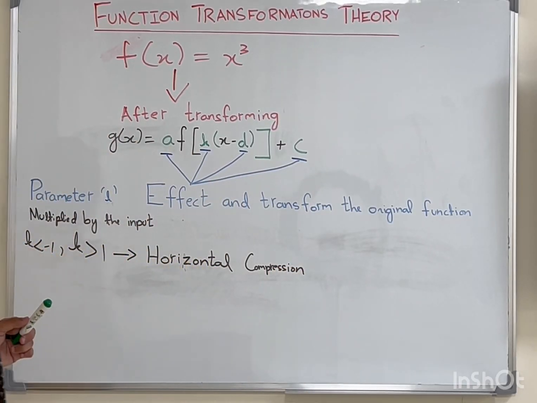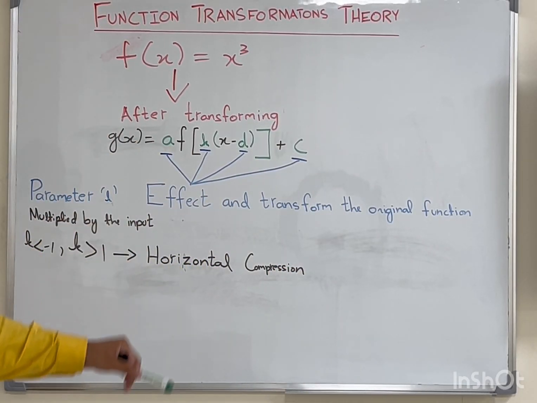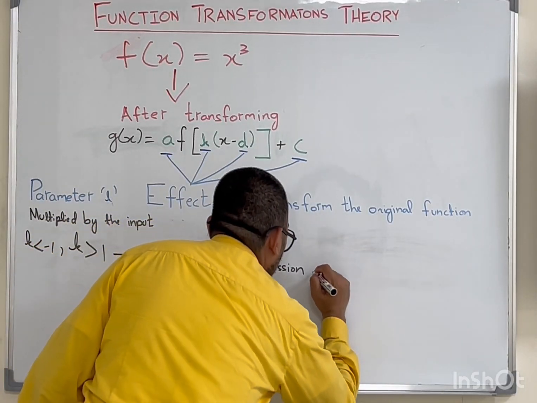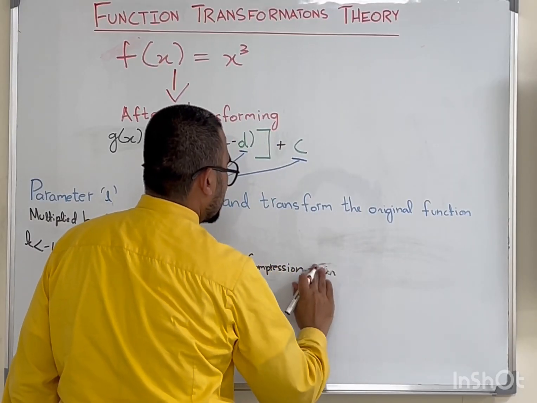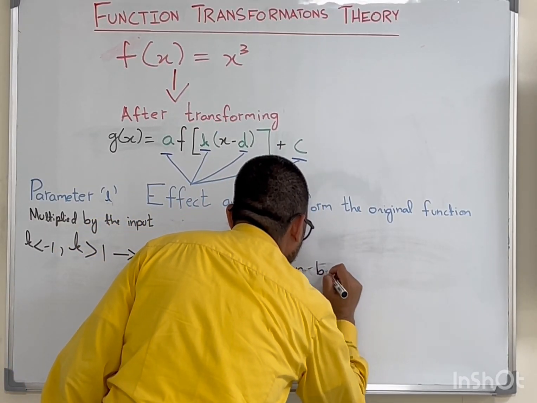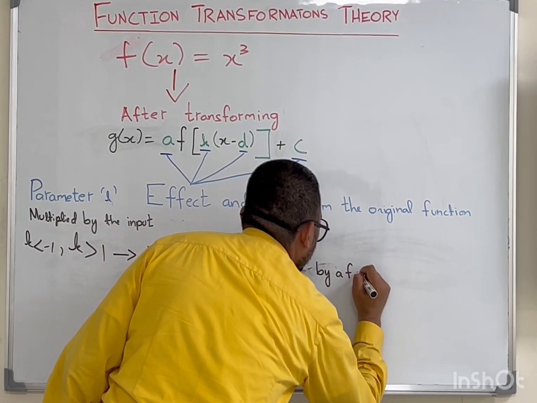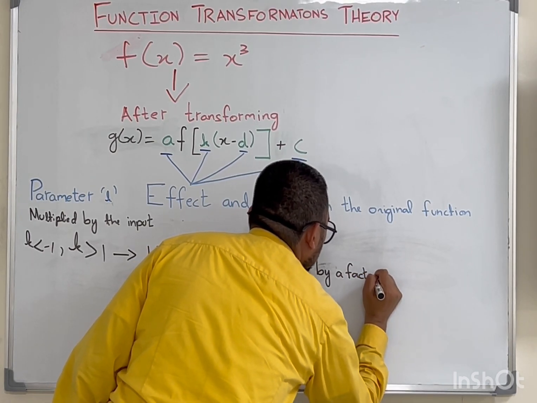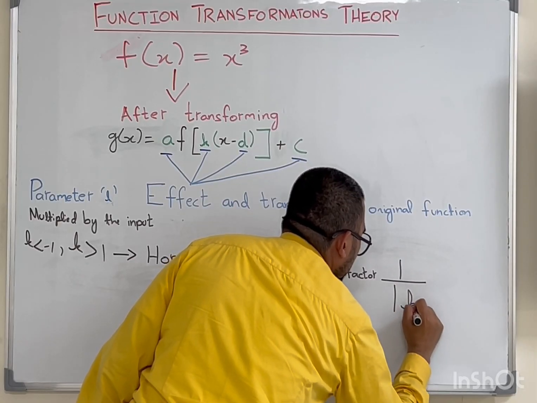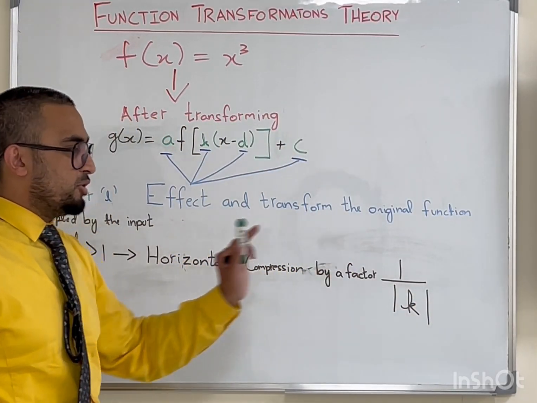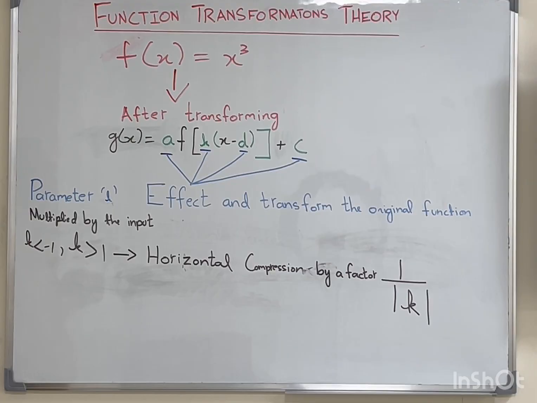One more thing, there is a horizontal compression, but with a factor, by a factor 1 over absolute value of K. Okay, I will not repeat the absolute value, we already know what an absolute value is.